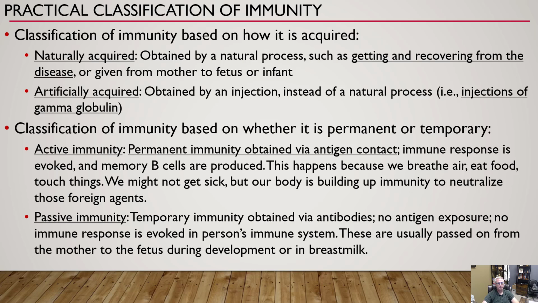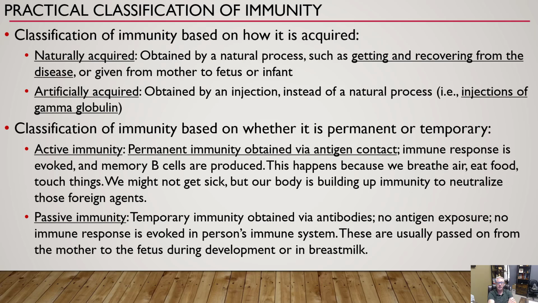All right, so we also have these things with immunity. We can break it up into how we acquire that immunity and whether or not that immunity is temporary or permanent. How we acquire it: is it natural or artificial? If we got the disease and we recover from the disease, that is natural immunity.